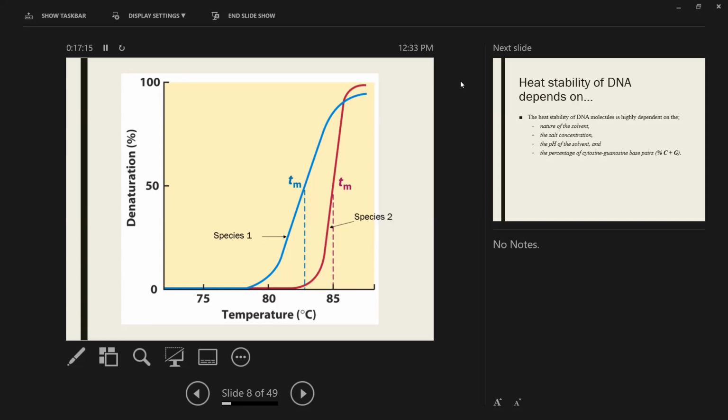And you can see, based on this type of analysis, you have two types of DNA that have a lot of physical differences. Now, does that say anything about their sequence homology? No. But in the early days, this was the best way you had to study DNA from different organisms.